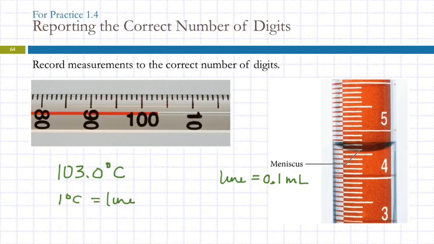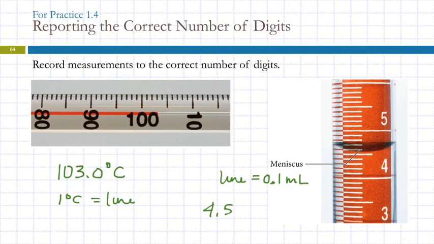The next place, the second decimal place, or the hundredths. So this is 4, this is 0.5, and that's 0.6. So it's clearly above 0.5 and under 0.6. So it's 4.5. There's no uncertainty in either of those digits.